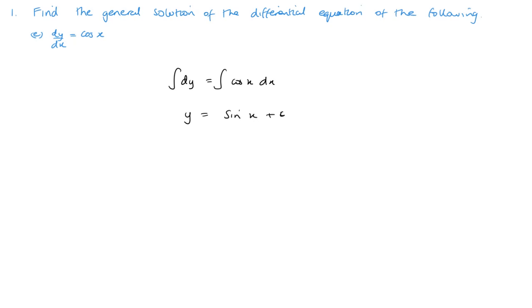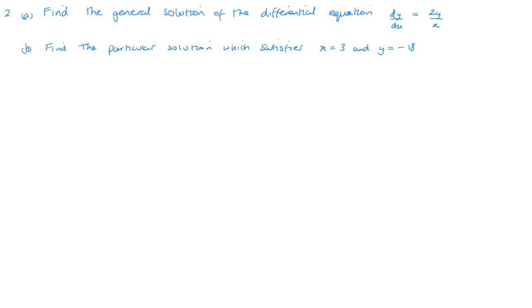Let's now look at question 2. Right, let's go with 1 over y dy equals 2 over x dx. And this 2 I can take outside of my integral.